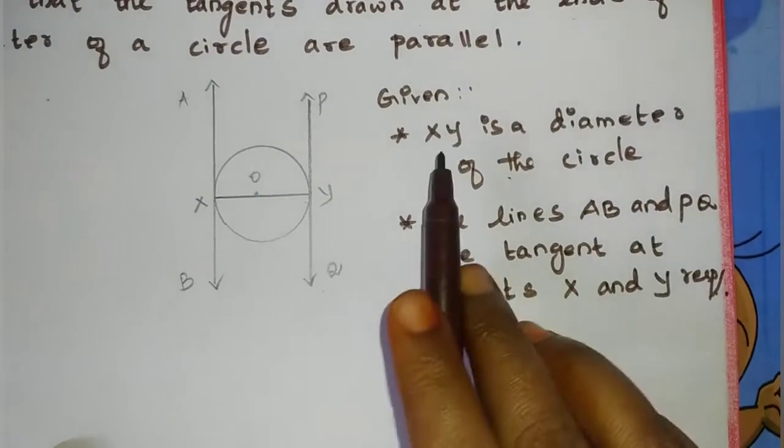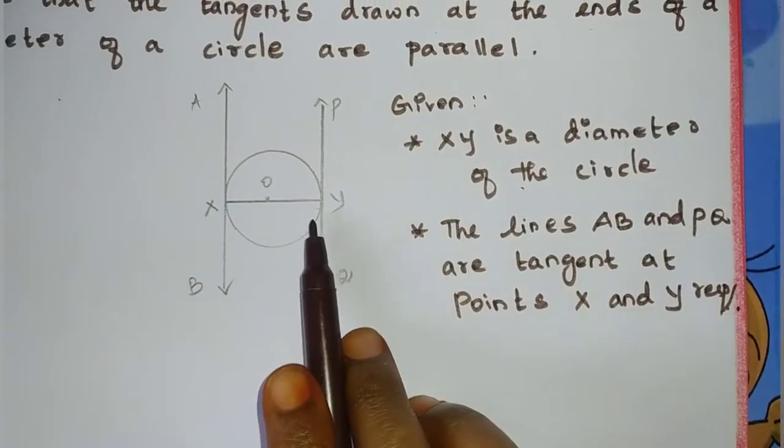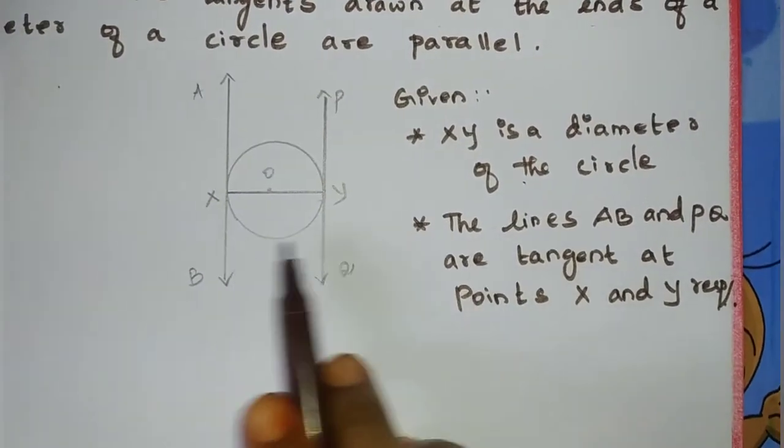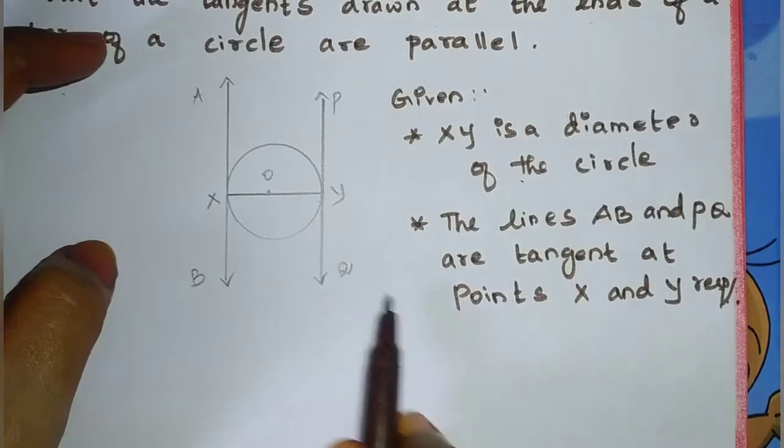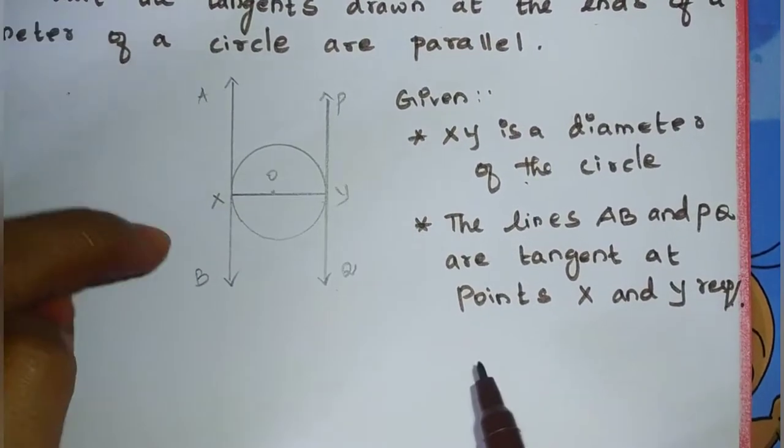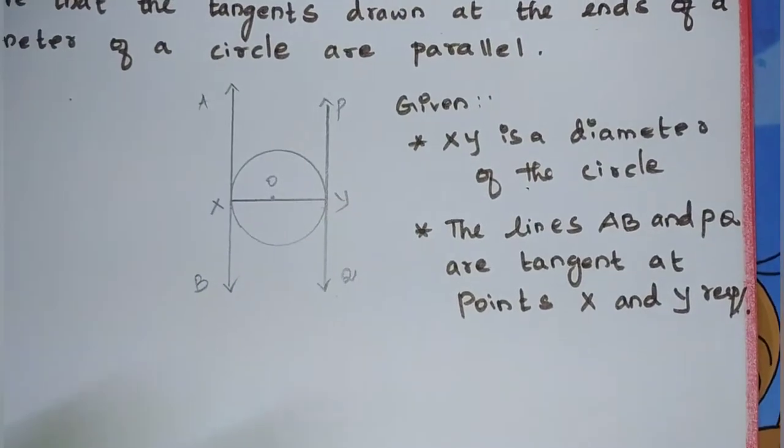Clear? So XY is the diameter of the circle with the center O. The lines AB and PQ are the tangents at the points X and Y respectively.